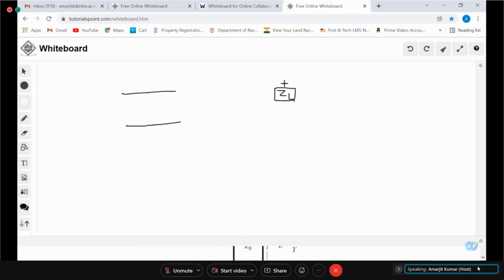So at a distance d from the load, this is also a transmission line of characteristic admittance Y naught. So here we will connect the stub. So you have to match it.